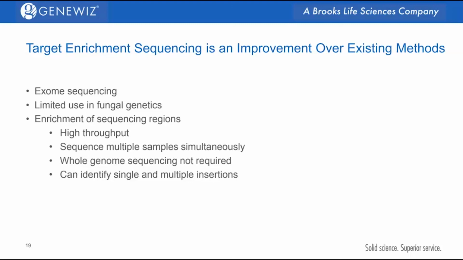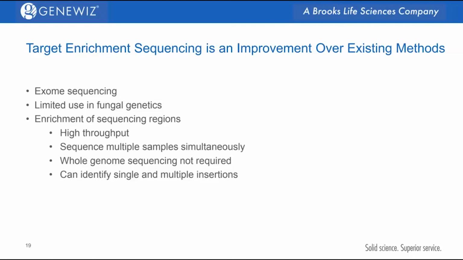So this target enrichment sequencing is basically a form of exome sequencing that they do in humans. However, its use in fungal genetics is still limited. What it basically does is enrich or sequence only selective regions of the genome, and hence it's high throughput, and you can sequence multiple samples simultaneously.